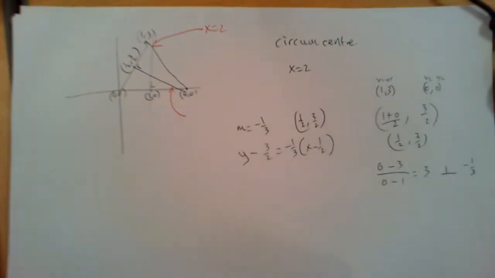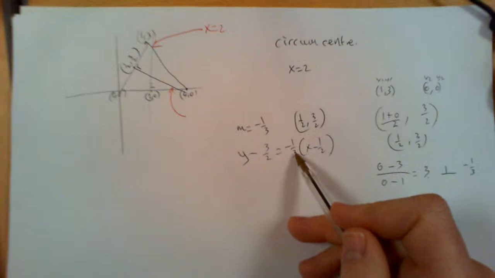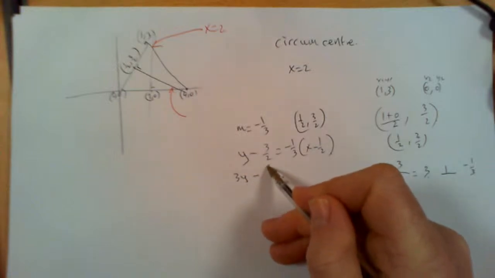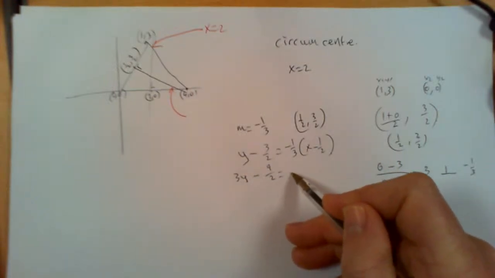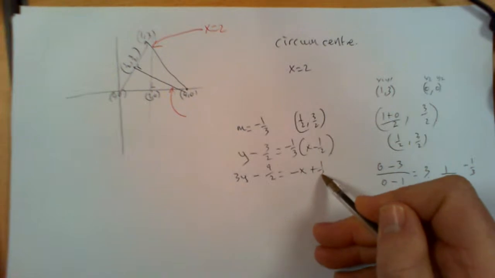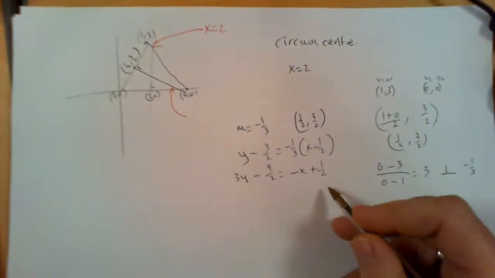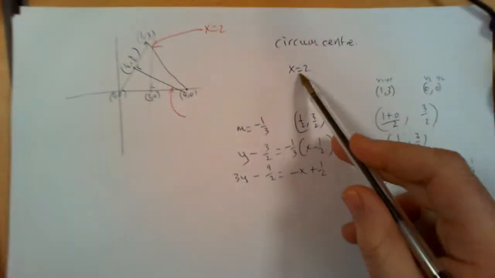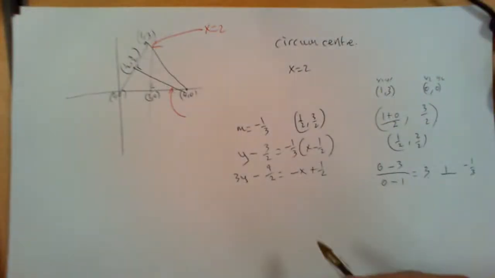Bottom left, top right, that's going to be 3y minus 9 over 2 is equal to minus x plus a half. Multiply everything by 2 to get rid of the fractions. We already know x is equal to 2, so I might just substitute that instead.